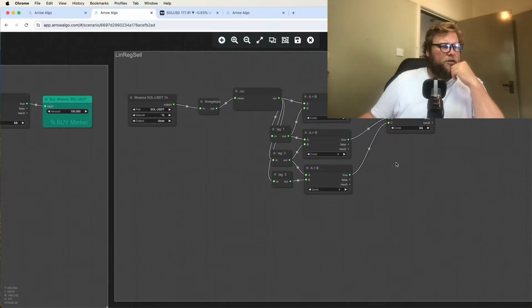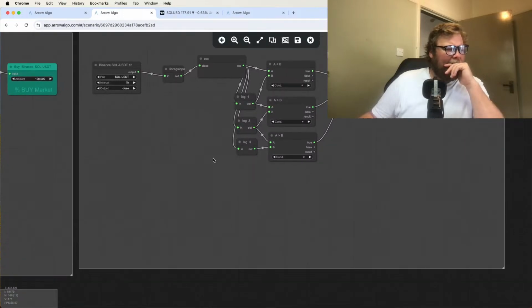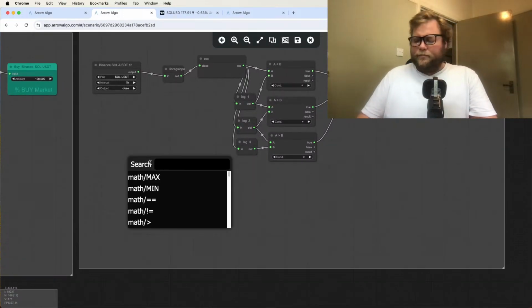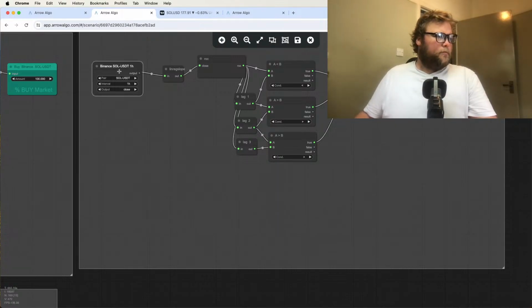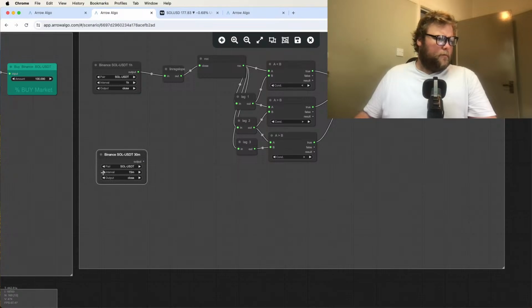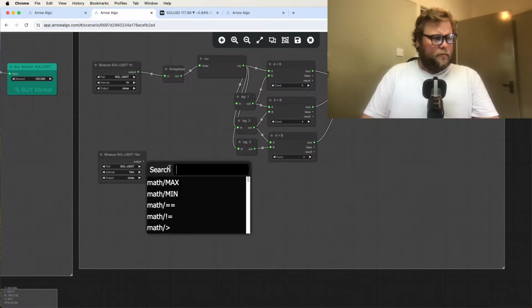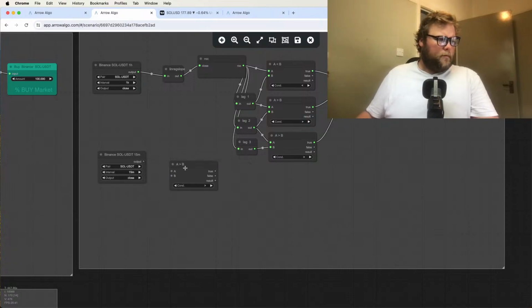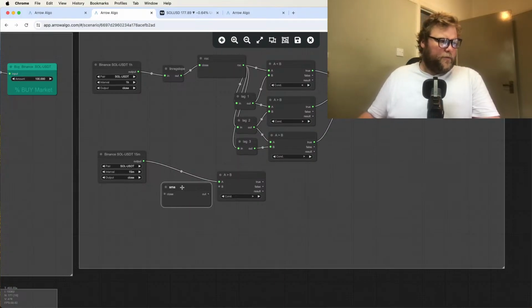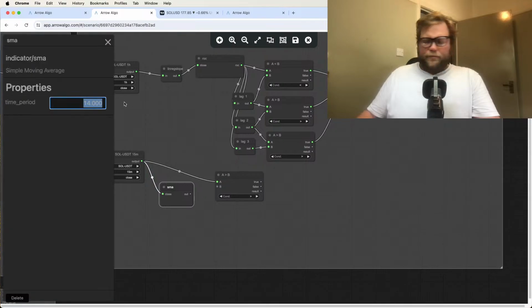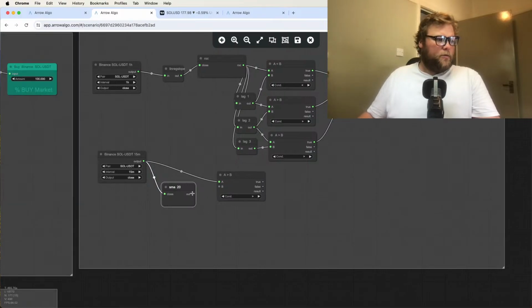So we can add in another condition to say, is the 15-minute price more than its moving average, like we did in the other sell orders?